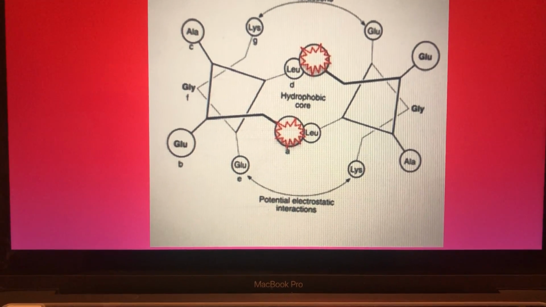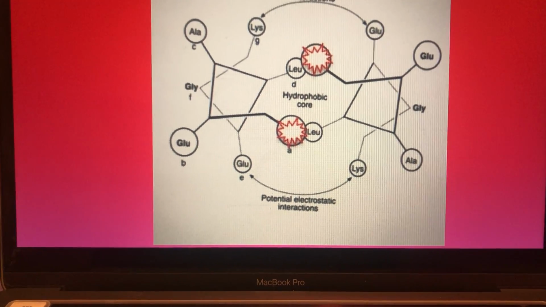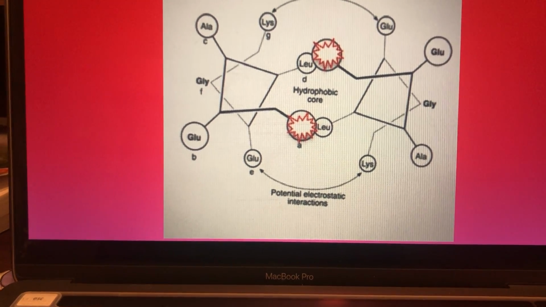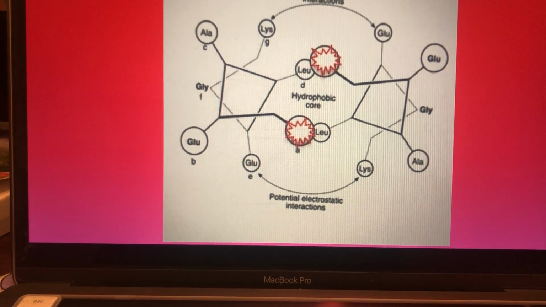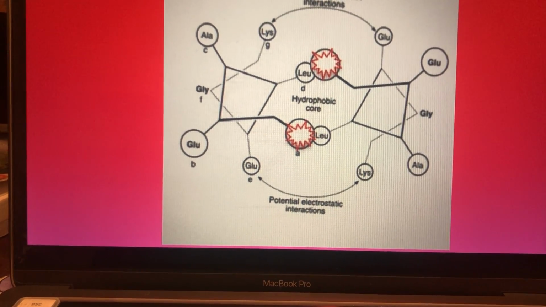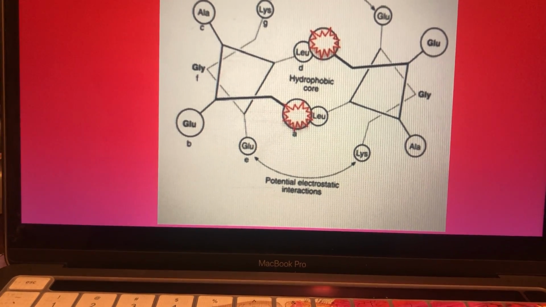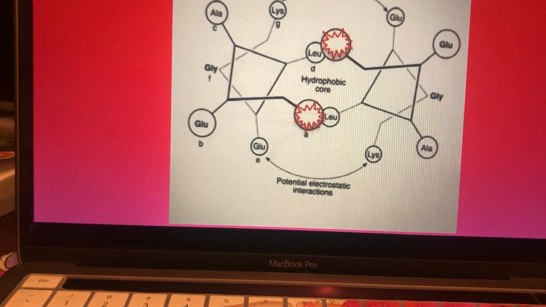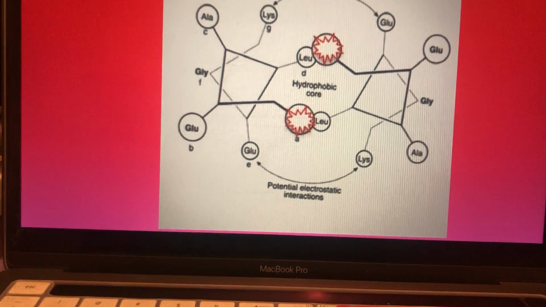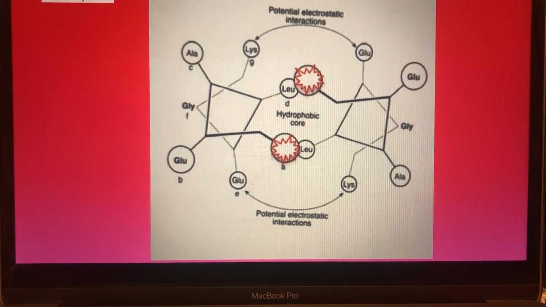I would say probably arginine, because it has the positively charged side chain and it has 3 nitrogen atoms in the side chain, and those are all polar, so they would be able to form a hydrogen bond with any other polar residue near it.